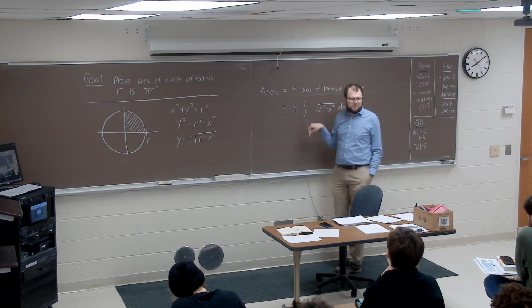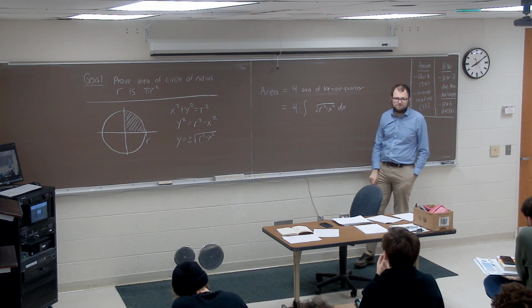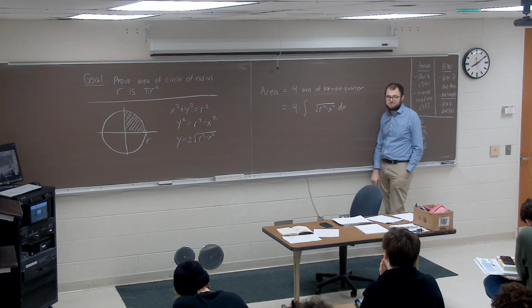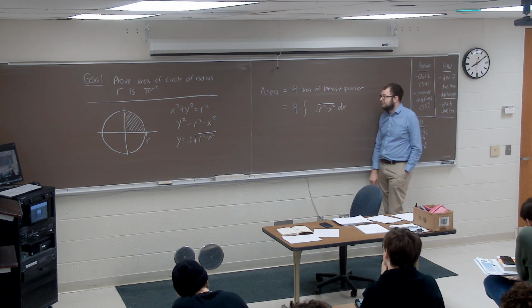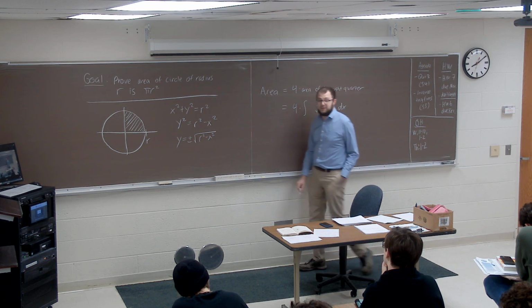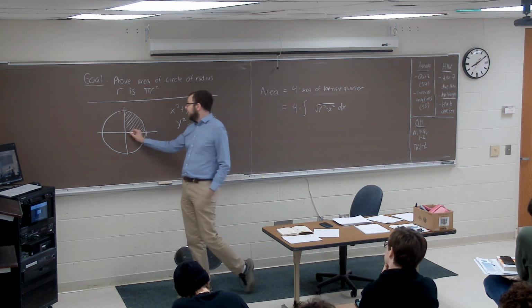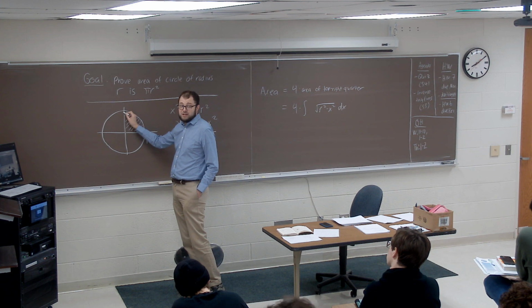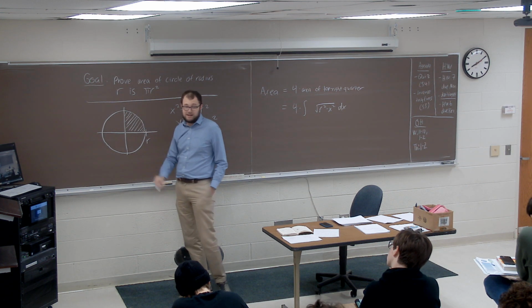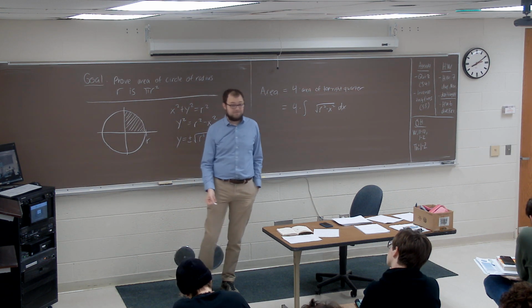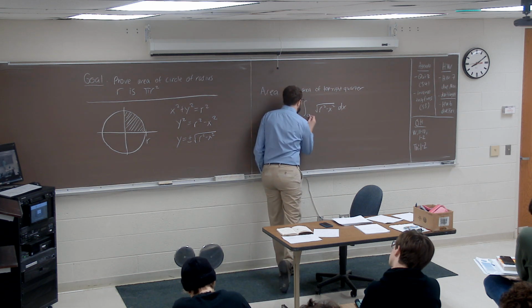What are going to be the bounds, Jonah, on our definite integral? Would it be x and y? Oh, we need between two x values. The x value on the left-hand side of the shaded region to the x value on the right-hand side of the shaded region. Would it be 0 and 1? Like 0 on the left-hand side.